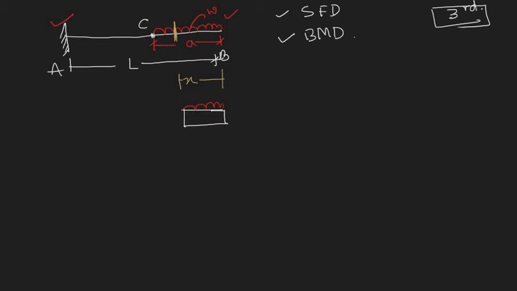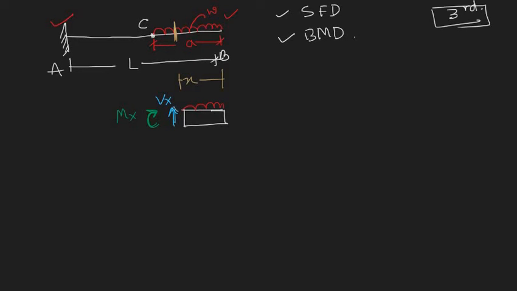And here we have two things. First is the shear force, let's say this is Vx, and we have a bending moment, let's say this is Mx. This is our assumption that Mx is acting clockwise and shear force is acting upward.